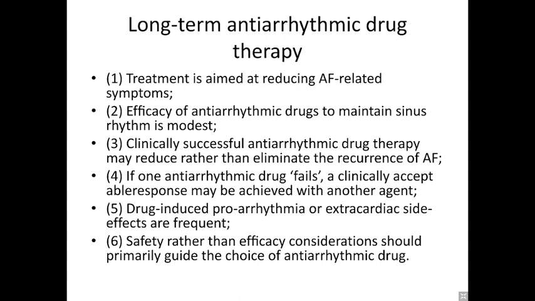After cardioversion, of course, the next problem is long-term antiarrhythmic drug therapy to prevent new paroxysm of atrial fibrillation. And it may be long-term treatment with amiodarone or maybe with beta blockers.